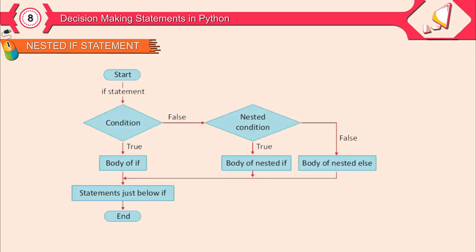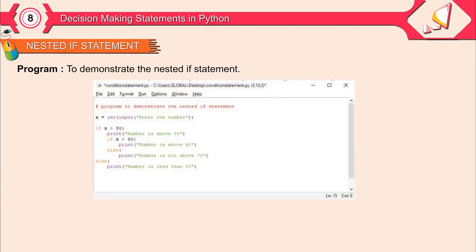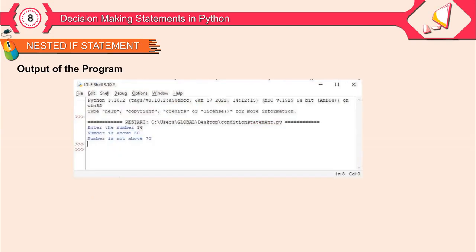Flowchart: start, if statement, condition, true, body of if, statements just below if, end; false, nested condition, true, body of nested if; false, body of nested else. Program to demonstrate the nested if statement. Output of the program.